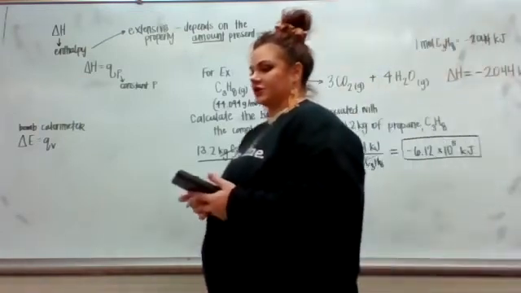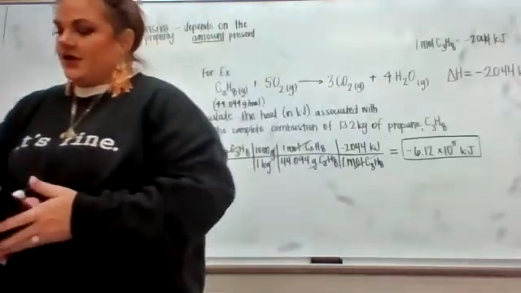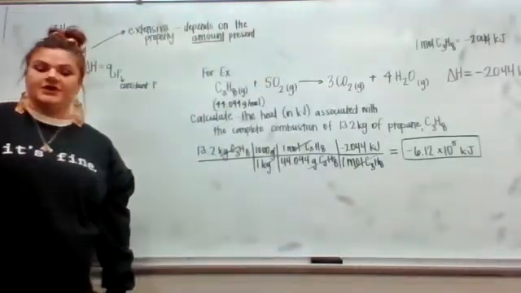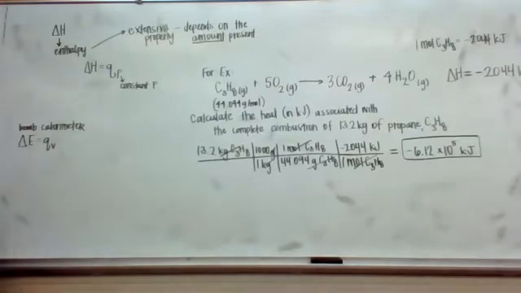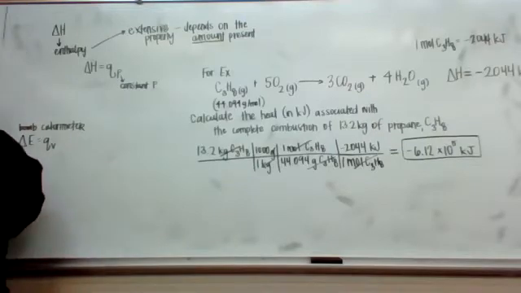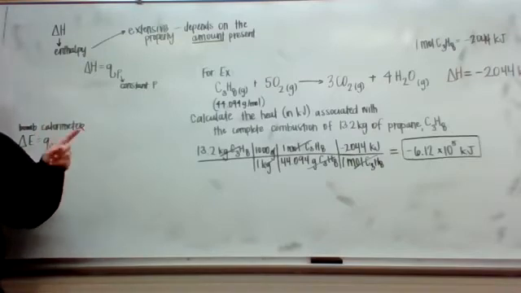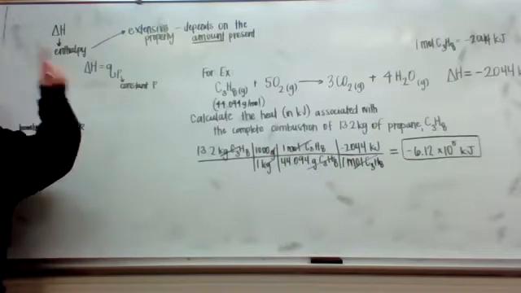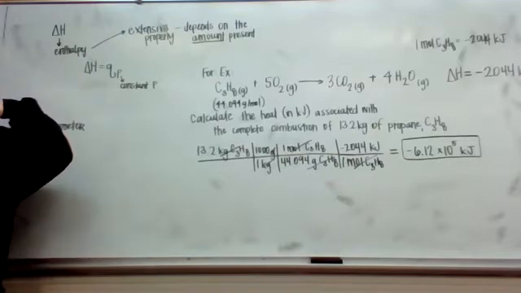I got a fairly large number, so I put it in scientific notation. I got negative 6.12 times 10 to the positive 5 kilojoules of heat. Remember, all that negative means is that it's giving off that heat, not absorbing that heat.